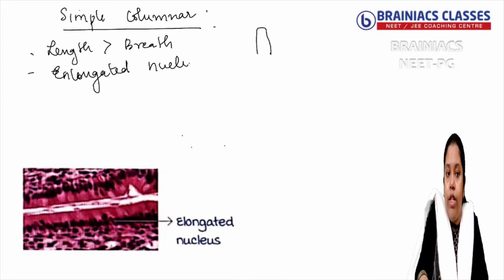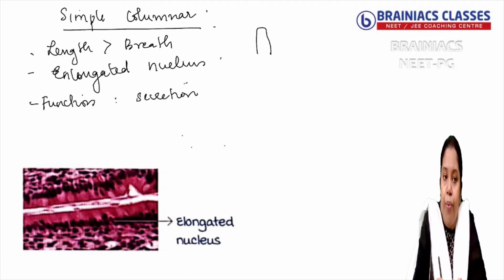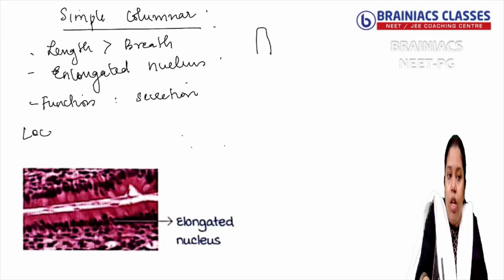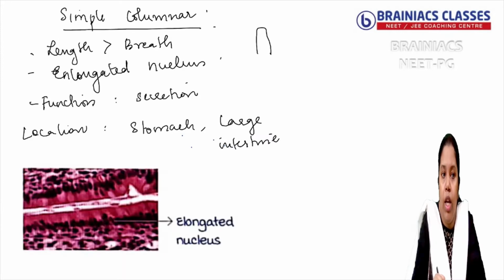The function is secretion itself. Now what can you see? The location is the stomach and large intestine. So this is about the simple columnar epithelium.